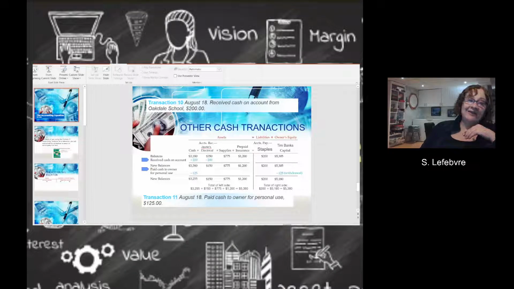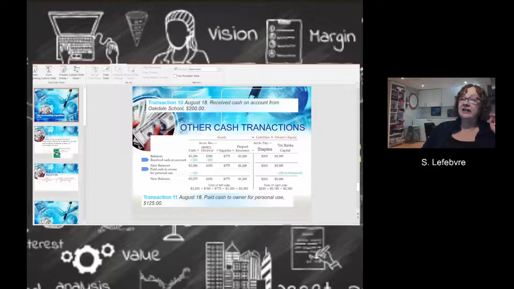So they have paid you 200 of the 350 that they owe you, and it is recorded there. So then you bring down your totals. Again, because you're on the same side of the accounting equation, you have to have an increase and a decrease.